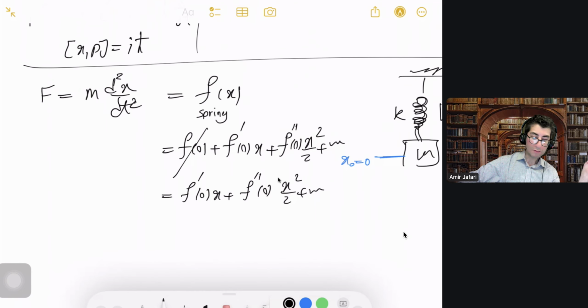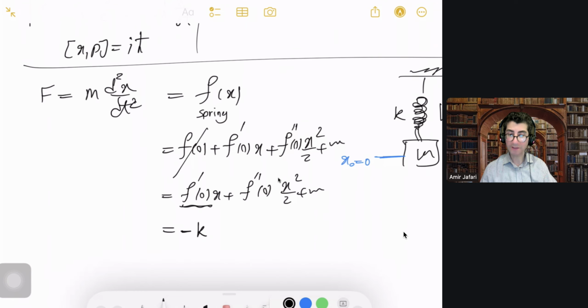And also, empirically, you know that the restoring force, when you pull the mass, this spring pushes it. When you push the mass in one direction, this spring pulls it. So the force of this spring is against the displacement of this mass, always. So you say that this constant here, I'll call it minus k. k is a positive constant now.